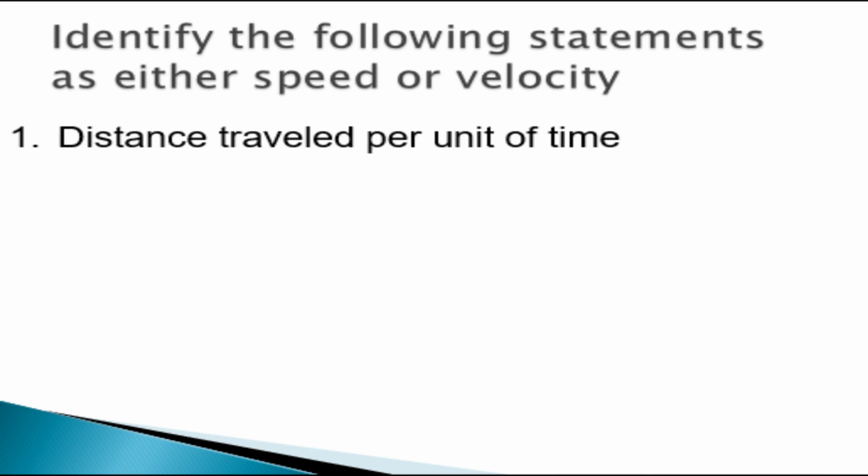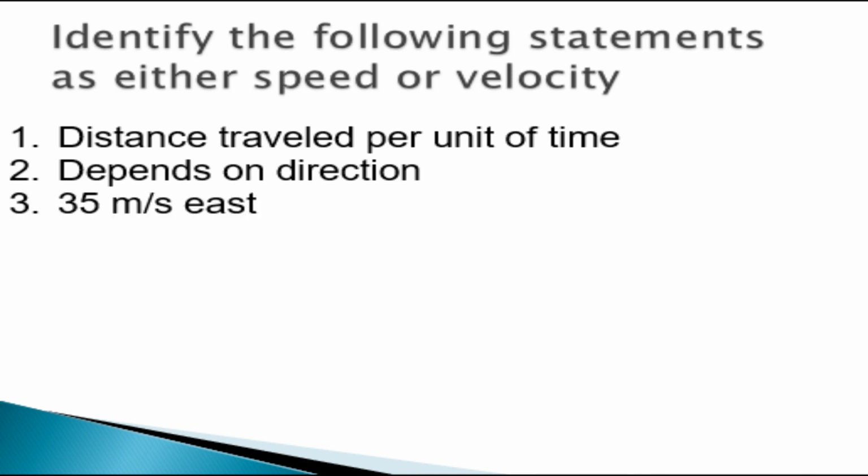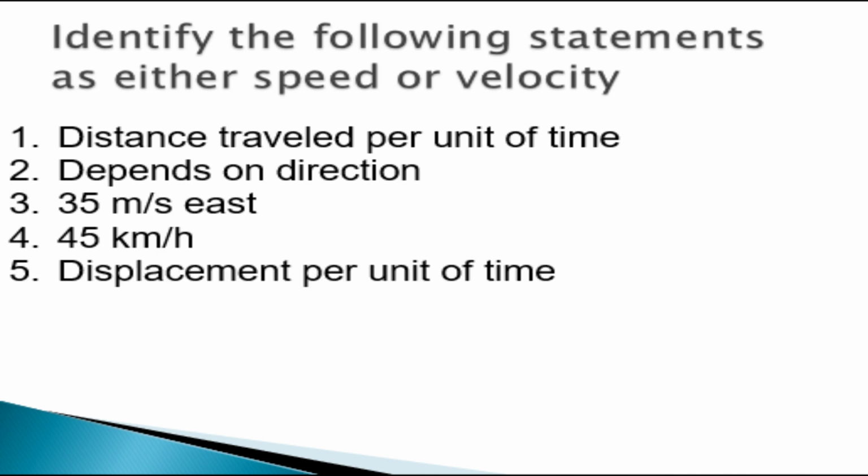Number 1, distance traveled per unit of time. Is it speed or velocity? Number 2, depends on direction. Number 3, 35 meters per second. Number 4, 45 kilometers per hour. Number 5, displacement per unit of time.